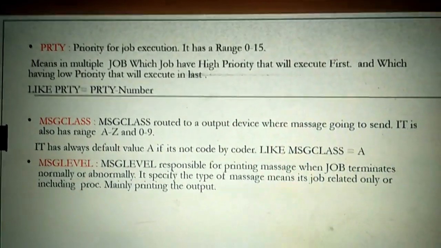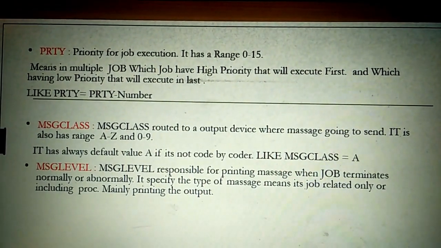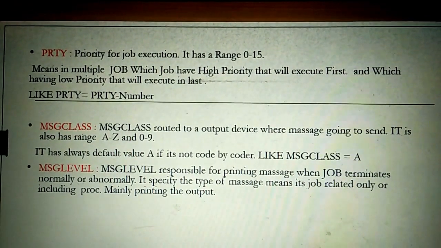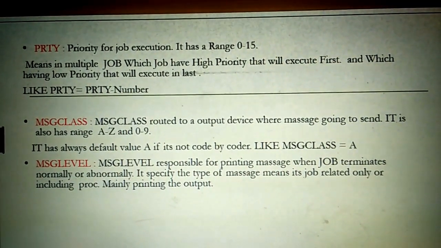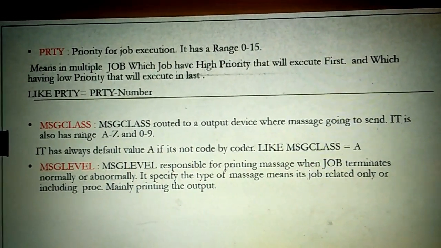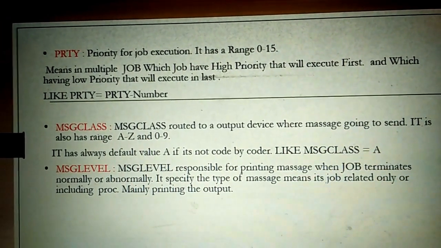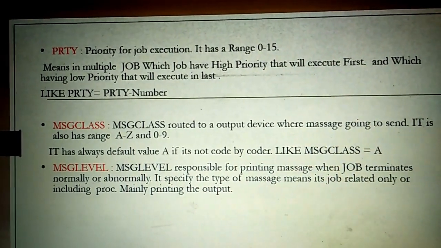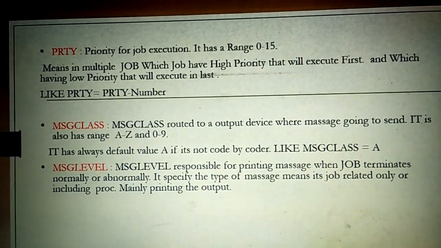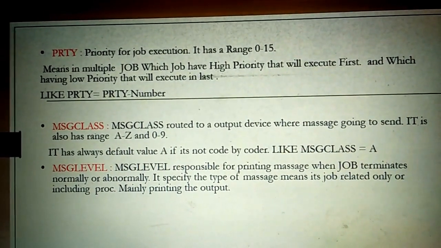So when we define the message level, it is responsible for printing the messages for a particular job which terminates successfully or unsuccessfully. It should print the statements in the spool in our ID. So that is responsible for printing the output, whether it is successful or not.